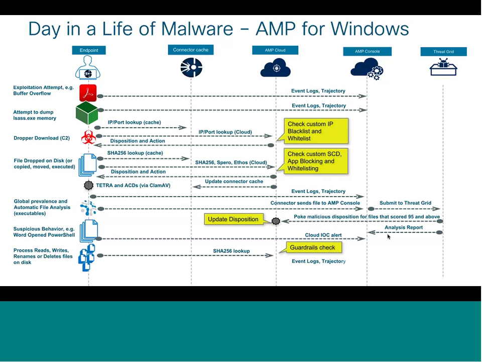Finally, if we have a process that is executing a specific set of activities like reading, writing, renaming, deleting files on a disk of a system in rapid succession, that's where our malicious activity protection engine can take place.